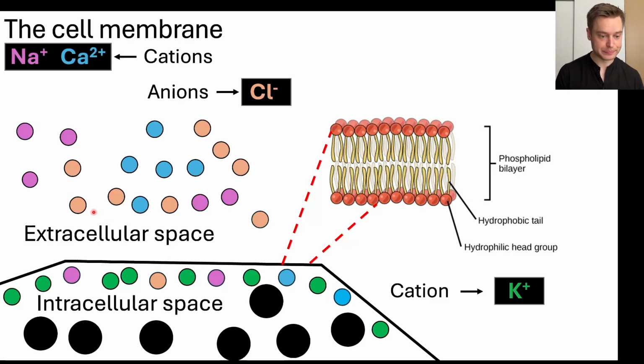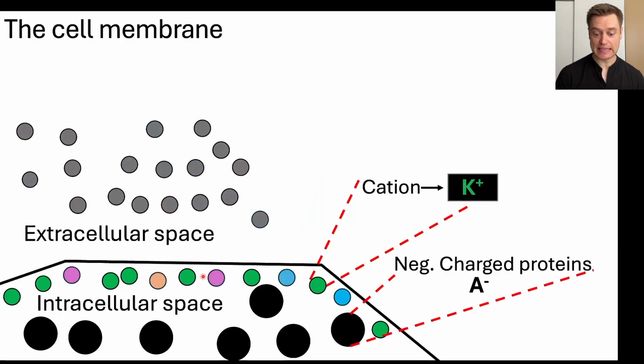So we need to know that, again, cations are like sodium and calcium and potassium, and negatively charged ions are like chloride. So we have more sodium and calcium outside the cell than inside the cell, and inside the cell we have more potassium.